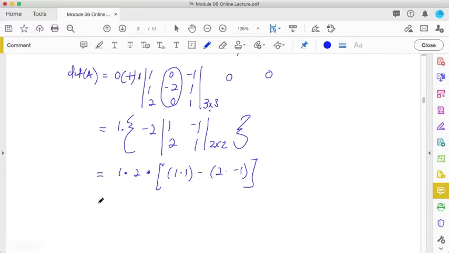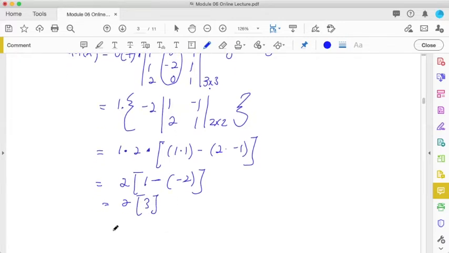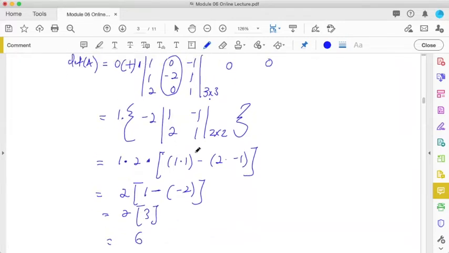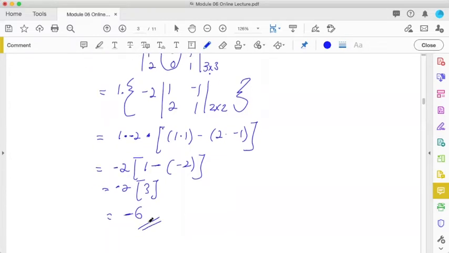If you solve these, you will get 2, and then this one will give you 1 minus -2. So you got 2 times 3, so you have 6. Don't forget this is a -2, so that should be -6. So your final answer will be -6.